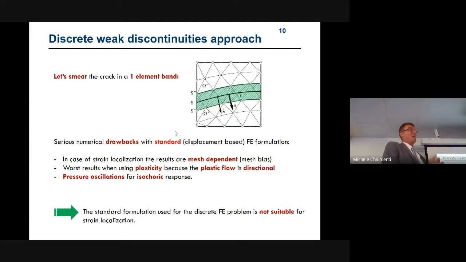So typically, for material cracks, the solution that you get depends on the orientation of the mesh. So if the mesh is like this, you will break like this. And second, you still have a problem due to the isochoric response of the material. So the idea is what to do.